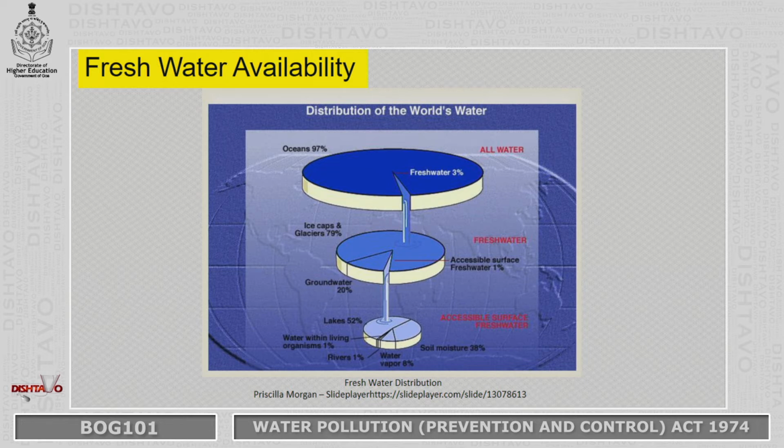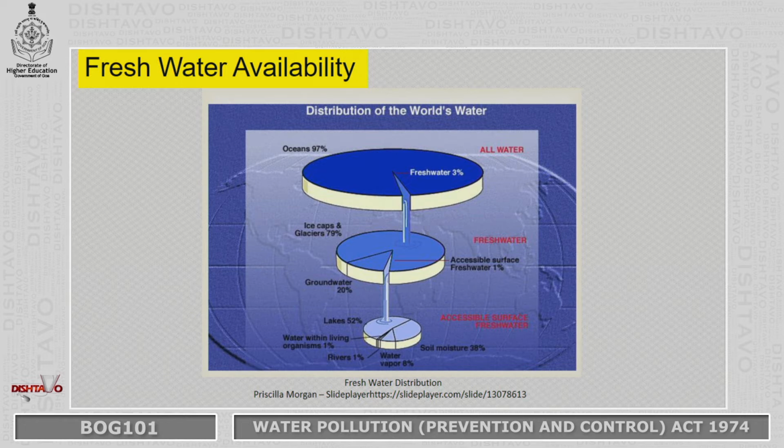So we understand how important it is to use water judiciously and also to control the use of water, and preserve and conserve this water. So we have lakes, we have water in different forms, we have soil moisture, we have rivers.